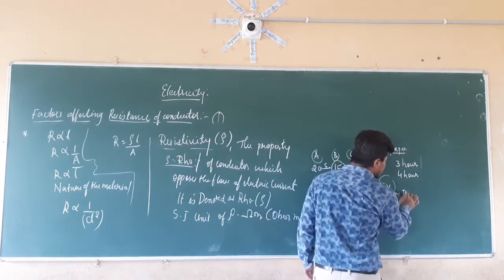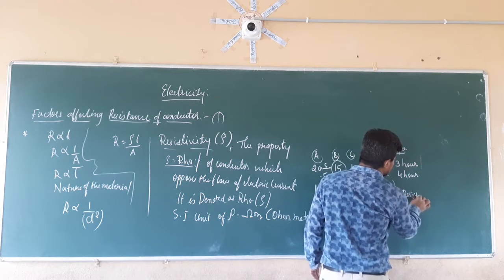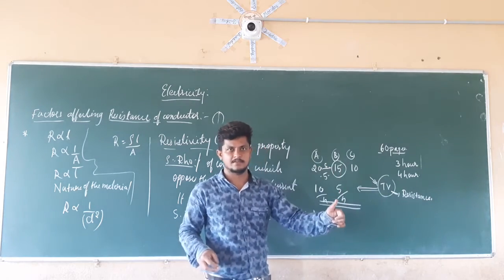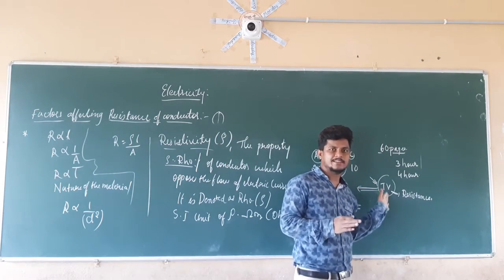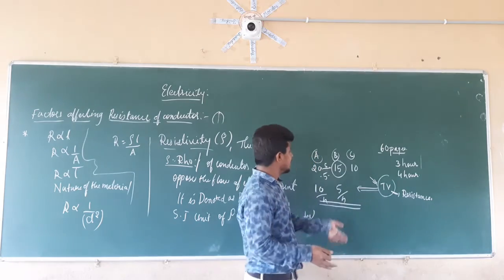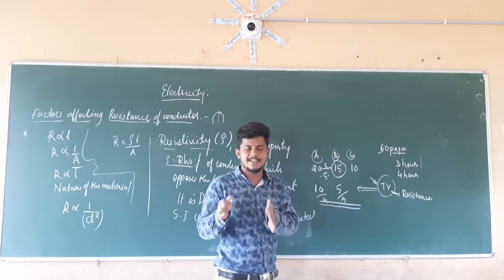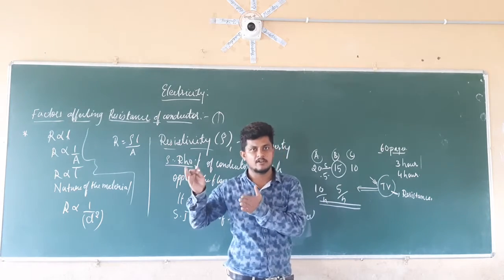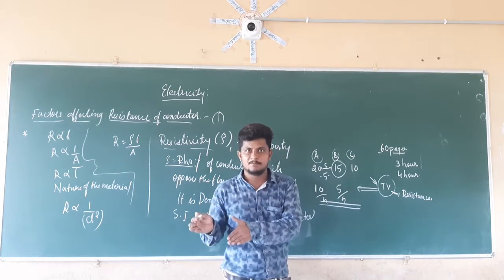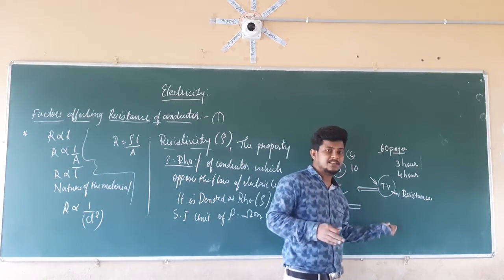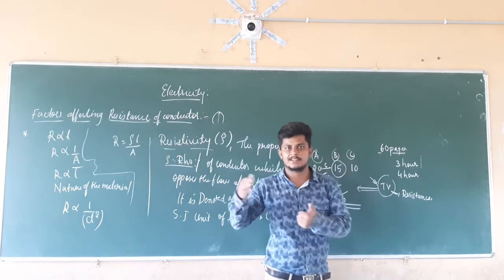That is nothing but an external factor. We are going to give the resistance to a circuit so that the flow of electric current is reduced. But this resistivity is already there in the conductor, already opposing the flow of electric current. It is the property. So we can't change the resistivity here, but the resistance can be given externally.